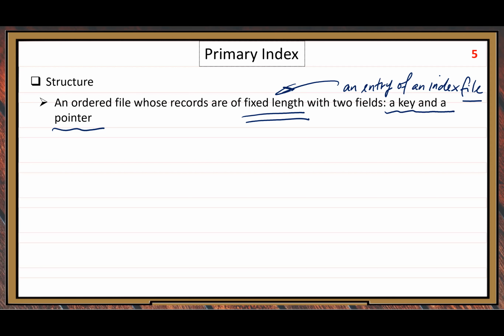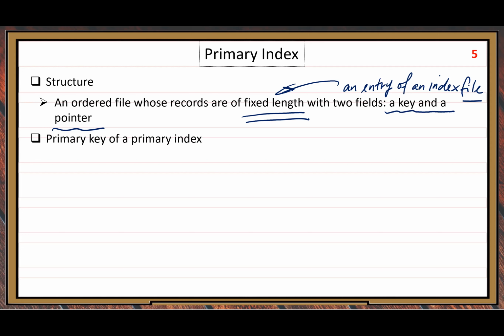With fixed length, you can jump to that location quickly. Think about variable size: how can you jump? You cannot predict. The size varies, sometimes longer, sometimes shorter. So fixed length is also a nice property for fast search.